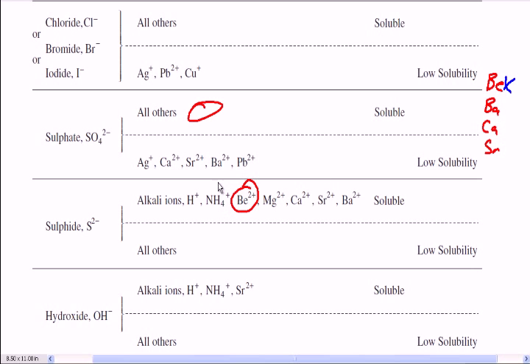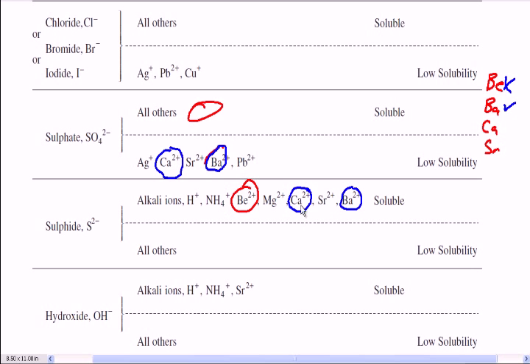Barium. Barium is low solubility here, and barium is soluble here. Okay, so this one could be used to separate them. Beryllium could not be used. Calcium has low solubility here, and calcium is soluble right here.